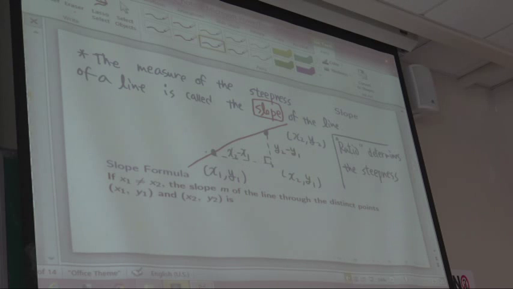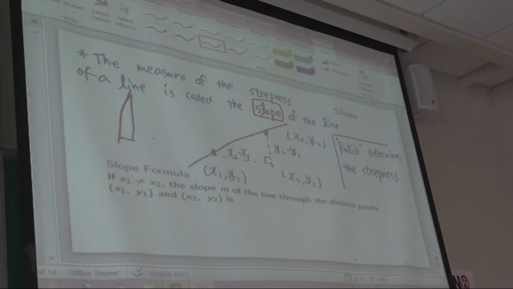For example, the x increase is really small, but the y increase is a lot. Then there is a really huge stiffness, right? Like x increases only about this amount, but y increases like that. Then when you draw the straight line through these 2 points, it is a lot steeper.